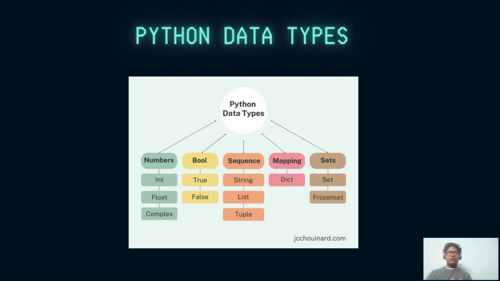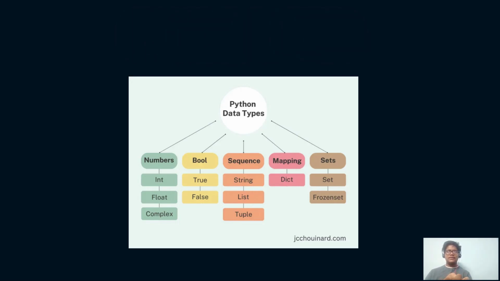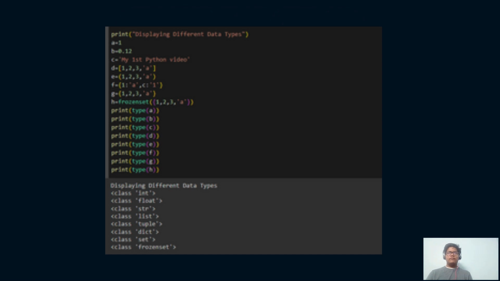Now let's check the following code, and you can see I've created a code where I'm displaying different types of data types. Like variable A represents numeric data type, which is class of integer. Numeric B represents floating value. Similarly, we can see that there's a string which says my first Python video, and there's a list which I've created with the help of square brackets, and a dictionary which I've created with the help of curly braces.